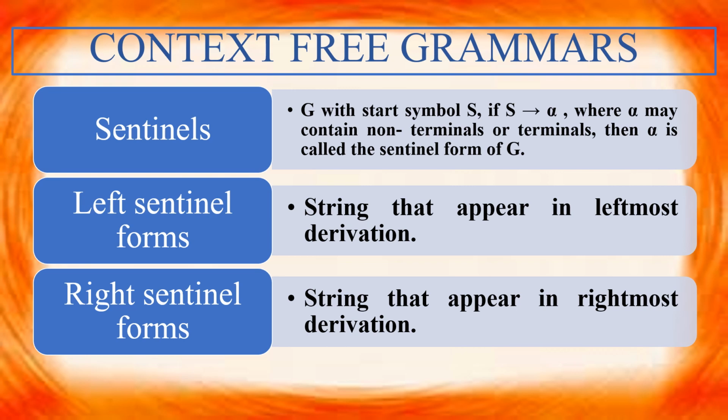Now, sentential forms. G is a grammar with start symbol S. If S implies alpha, where alpha may contain non-terminals or terminals, then alpha is called a sentential form of G. If alpha contains only terminal symbols, it will be the final string. So to form a sentential form, we can take non-terminals or terminals.